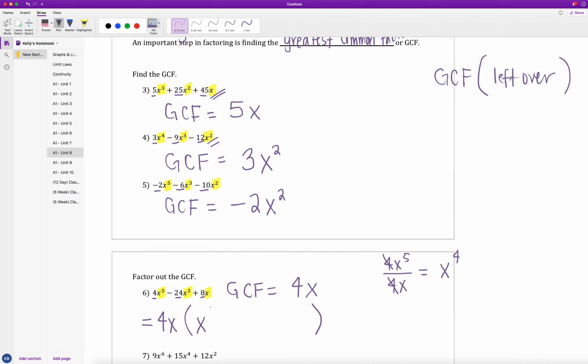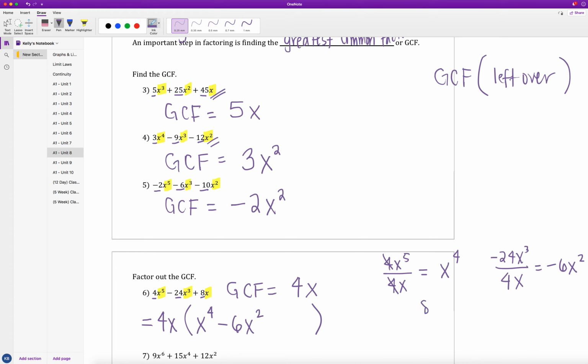So then in my factored form, my first term here would be an x to the fourth power. Now our second term, I'm going to find by dividing our negative 24x cubed by our greatest common factor again. When we simplify this down, negative 24 over 4 is going to give me negative 6, and then x cubed divided by x would give me an x to the second power. So my second term here would be negative 6x squared.